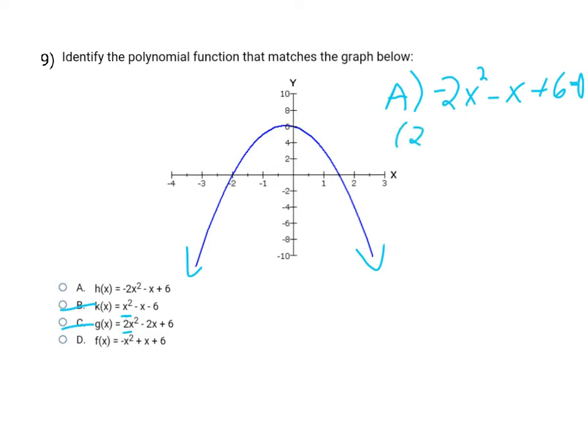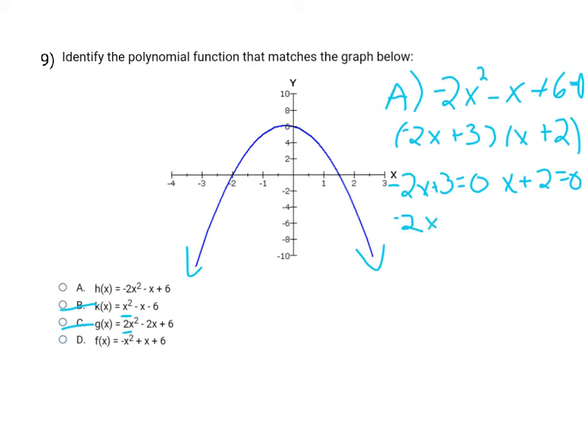So when I factor this, my negative 2x² breaks into negative 2x and positive x, and then my positive 6 breaks into positive 3 and positive 2. And if you were to FOIL that back out, all the signs would match and it would work out. And so I'm going to set each of these equal to 0 and see if they give me the appropriate x-intercepts, the appropriate solutions.